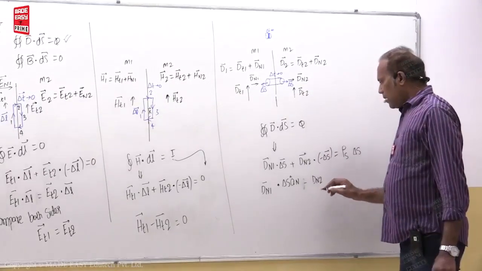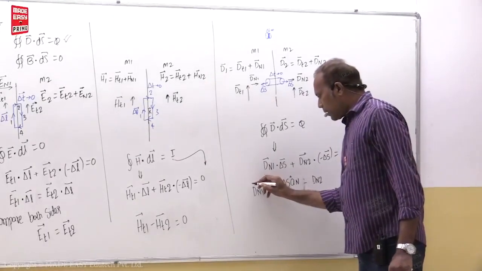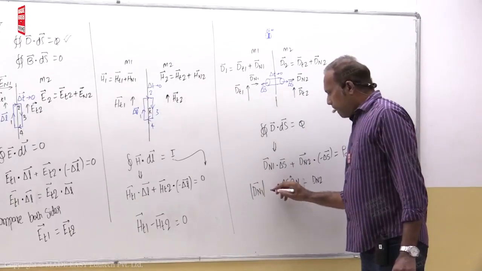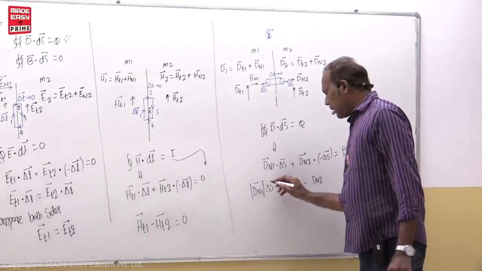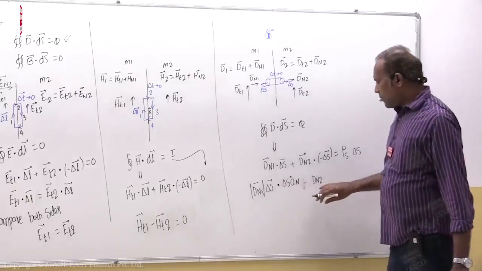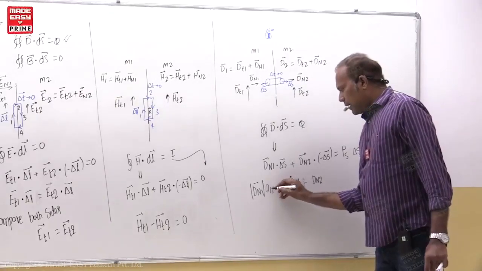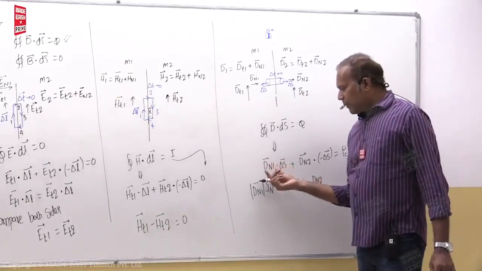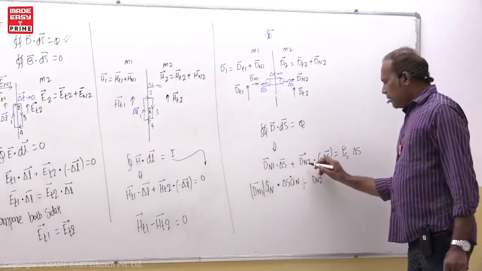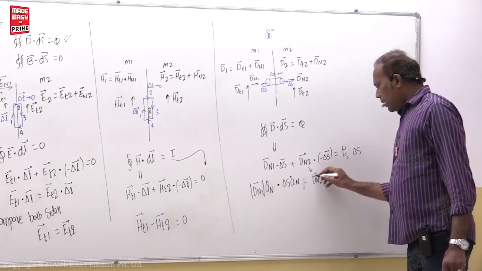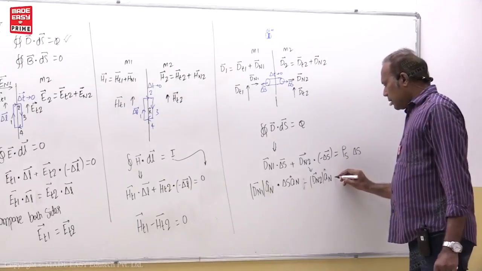I will do one thing, student. DN1 bar can be written as modulus of DN1 bar multiplied with the direction, because DN1 bar can be written as magnitude and direction. The direction is normal, an cap. Here also DN2 bar can be written as modulus of DN2 bar into an cap unit vector, dot minus.